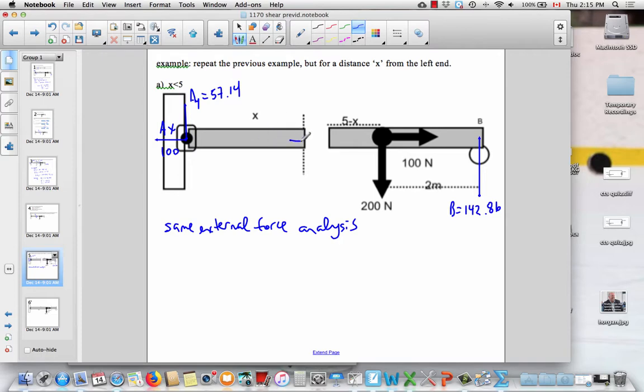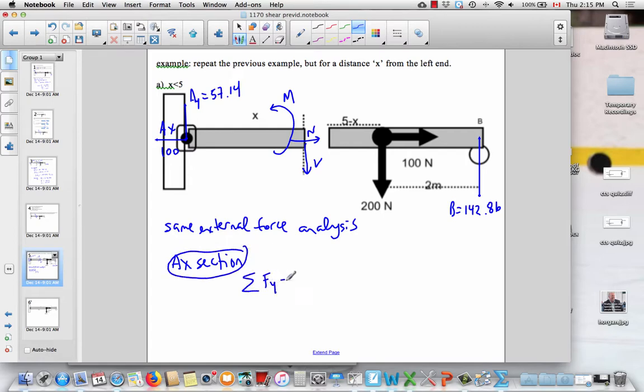We assume that it's in tension, we assume it's pushed down, and we assume that it's reacting with a positive z bending moment.